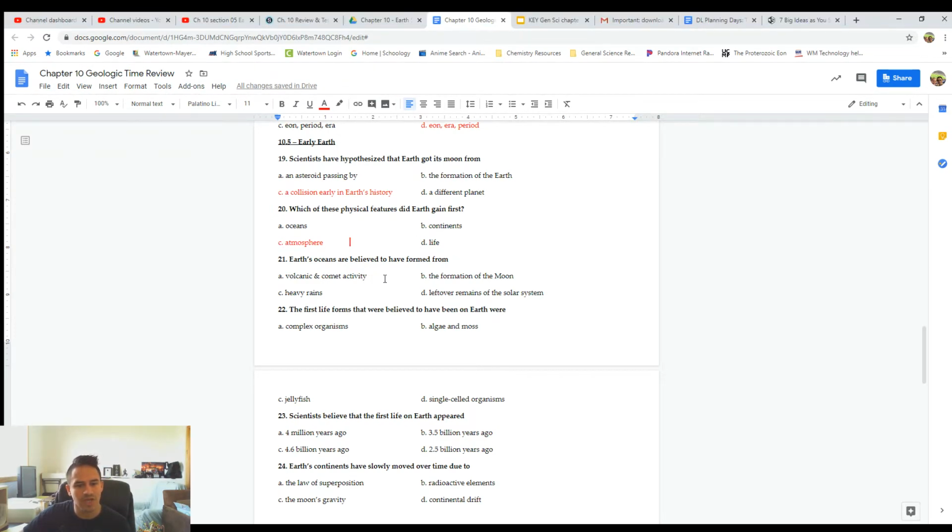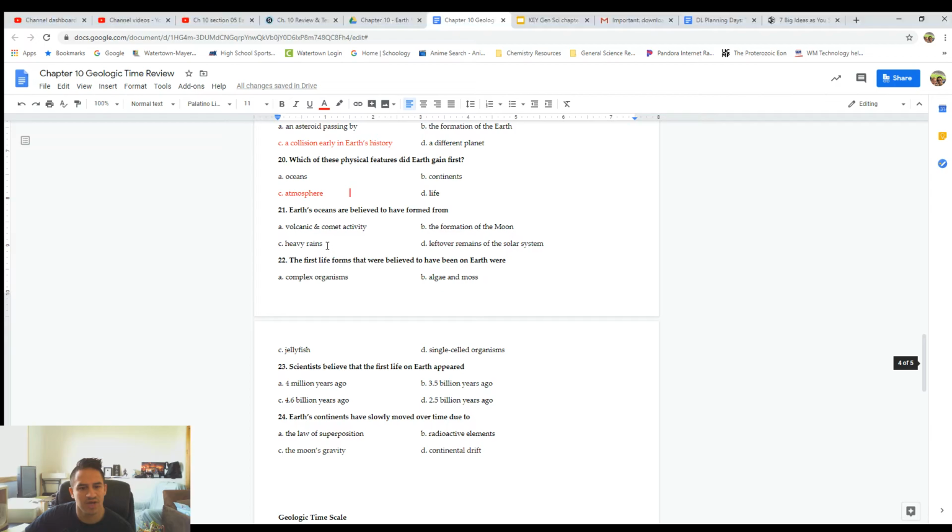Number 21, Earth's oceans are believed to have formed from. We think this came from volcanoes. Well, there are actually a couple of answers here. We could go with A or C. The oceans didn't form from the formation of the moon, and they were not leftover remains of the solar system. Heavy rains is essentially where the water fell from.